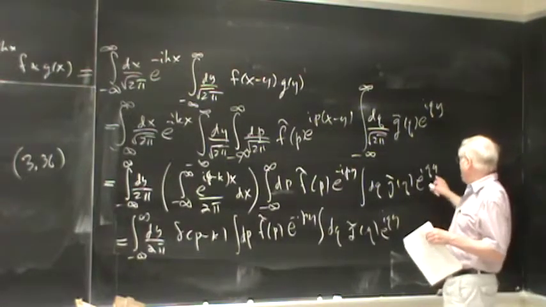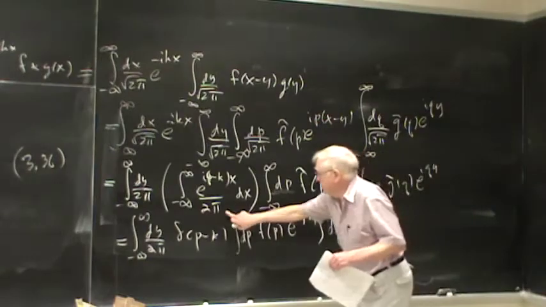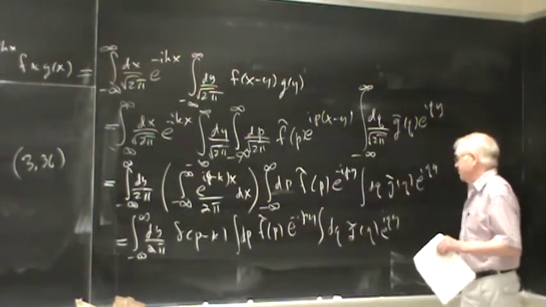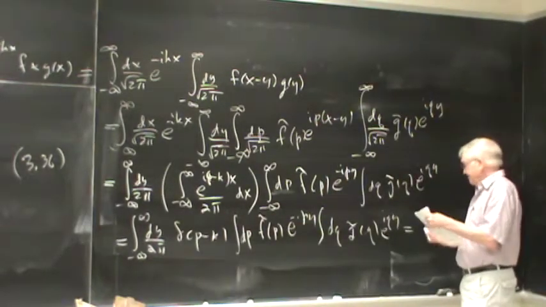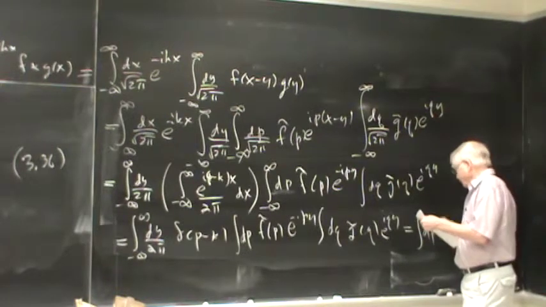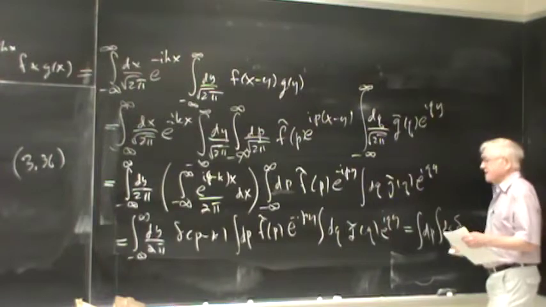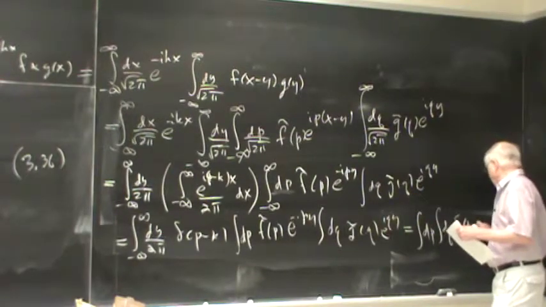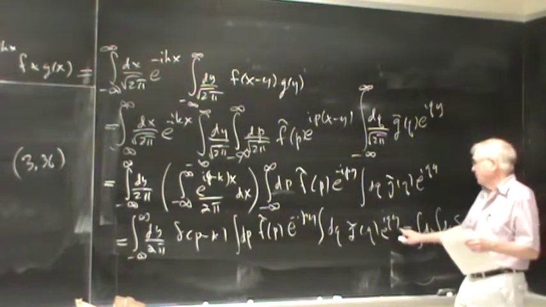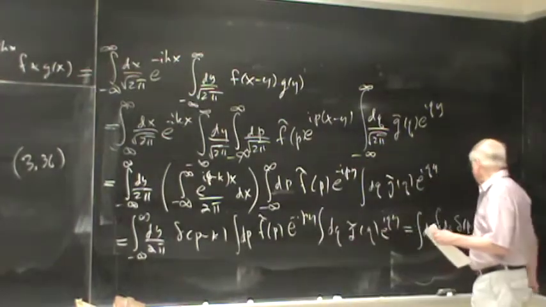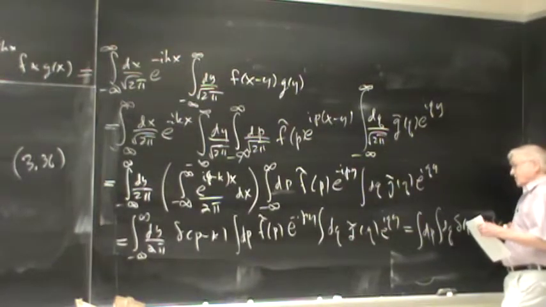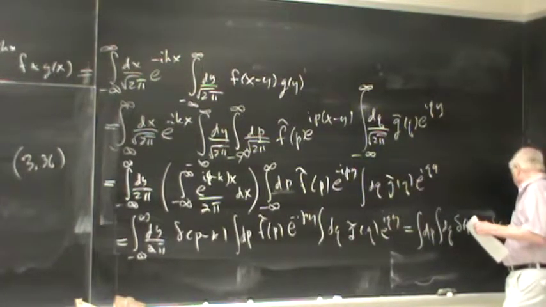And the integral over y with this 2π gives us another delta function. So what we get at this point is integral dp, integral dq, and now we have the delta of p minus k from the front. And over here, the y integral gives us delta of q minus p.